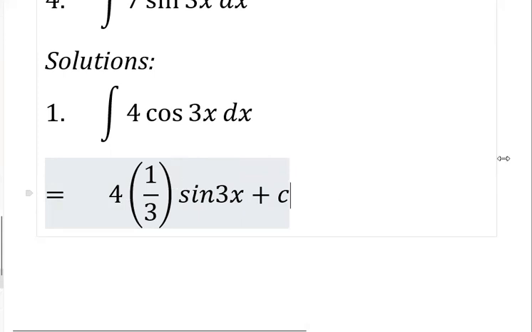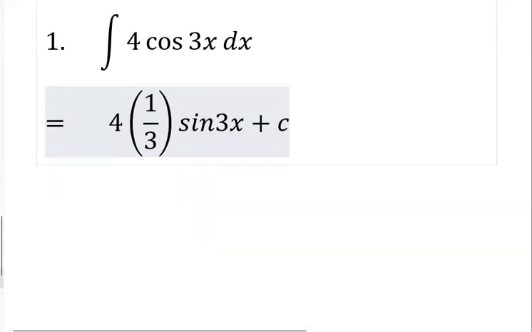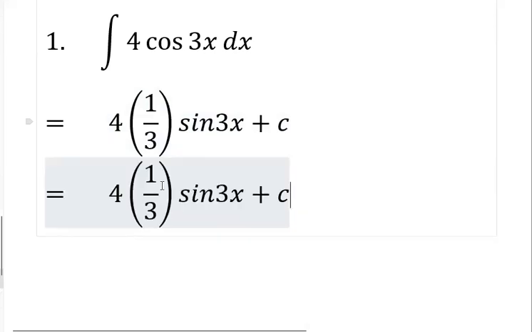So with this, all we just need to do now is what? To multiply 4 times 1, this numerator and the denominator. Very good. So 4 times 1 here will give you 4.